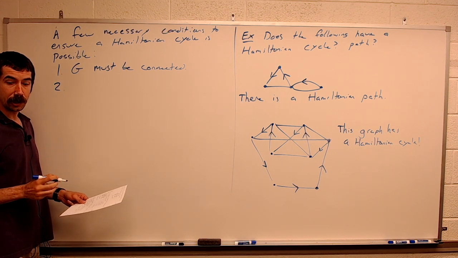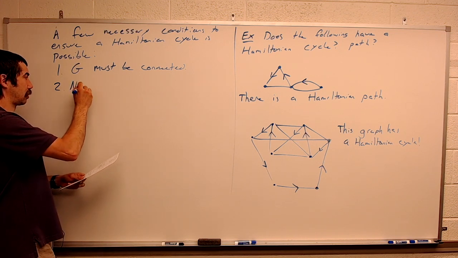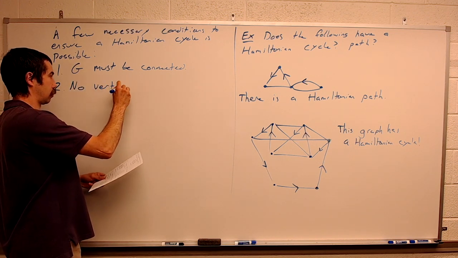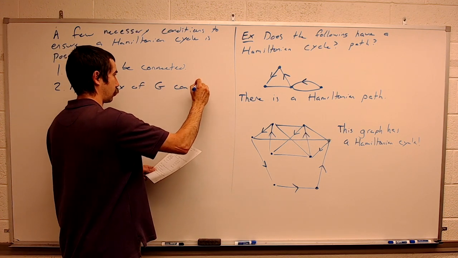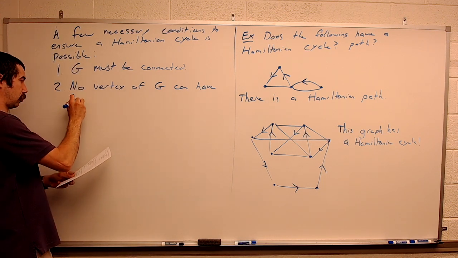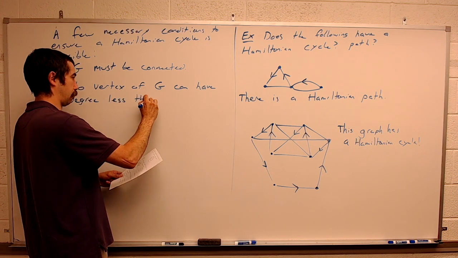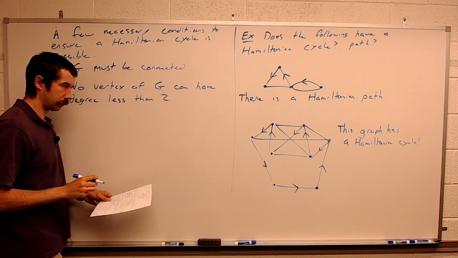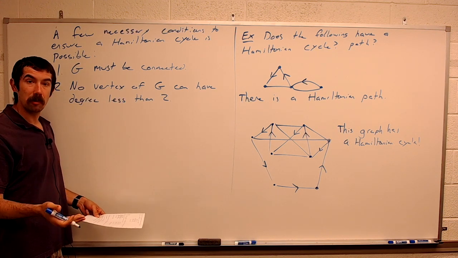All right, condition 2 is no vertex of G can have degree less than 2.